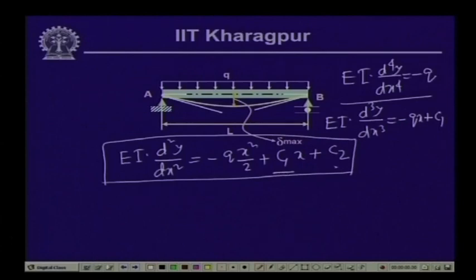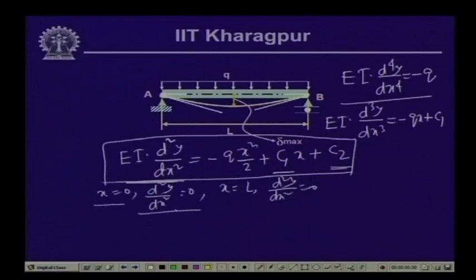Since c1 and c2 are the two unknown constants, and EI d2y/dx2 represents the value of the bending moment, we note that for a simply supported beam, the bending moment at the supports, for both the hinge support and the roller support, is 0. So, at x equals 0, d2y/dx2 is 0, and also at x equals L, d2y/dx2 equals 0. Now, if we substitute x equals 0 and d2y/dx2 equals 0, this gives us that c2 is equal to 0.